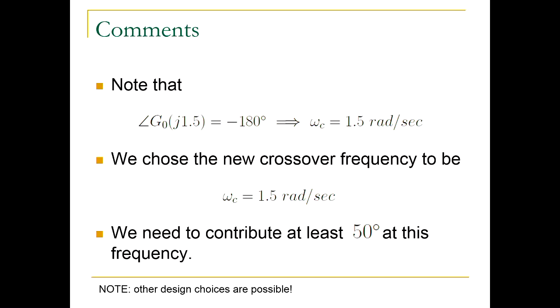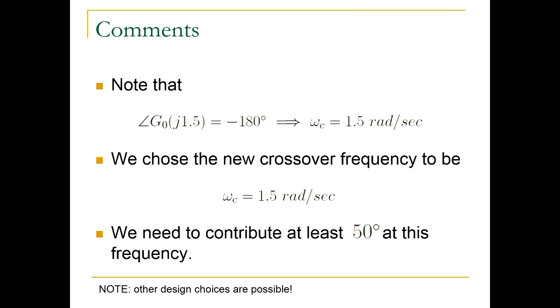Does that make sense? If we enforce this crossover by playing with a gain so that this is the new crossover, that would lead to 0 phase margin. So we need to provide at least 50 degrees, because our specifications tell us that we need to have 50 degrees at this frequency.